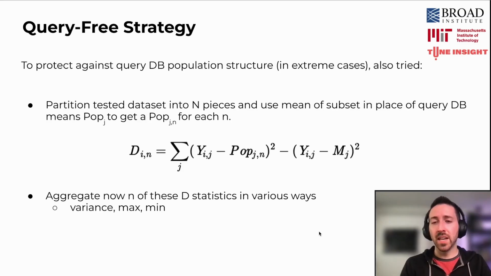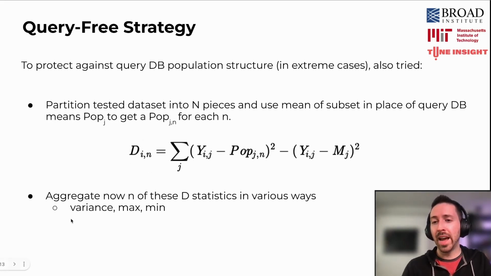To try to protect against this type of edge case, we wanted to remove the dependence on using the query database means to compute the pop sub j in our statistics. Instead, we tried partitioning the test dataset into n pieces and using the average dosages over those to create n values of the pop sub j statistics, which lead to n values for these d statistics for each sample.